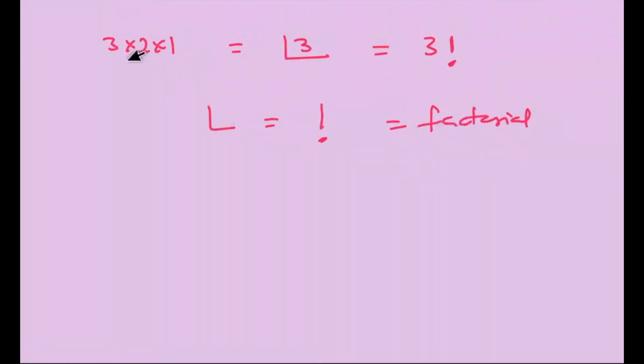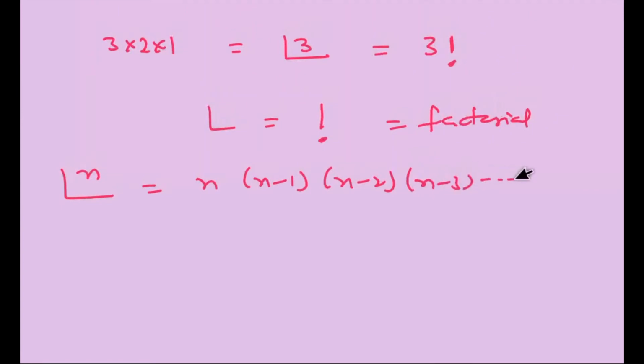This means 3 into 2 into 1. If we write n, it means n, n minus 1, n minus 2, n minus 3, up to 4 into 3 into 2 into 1. So factorial 3 means 3 into 2 into 1. If it is 10, it is 10, 9, 8, 7 and so on up to 3, 2, 1. Okay, this is the symbol of factorial.